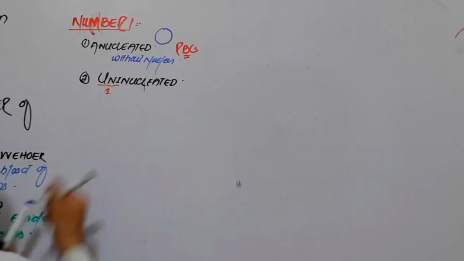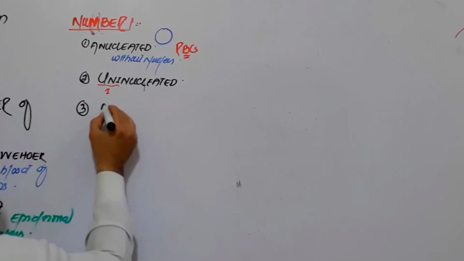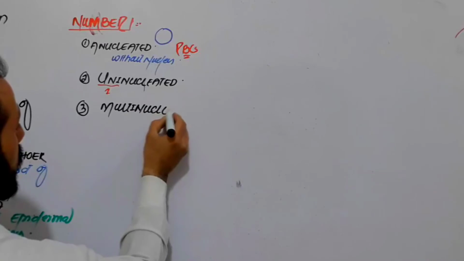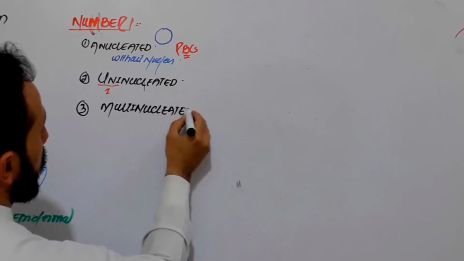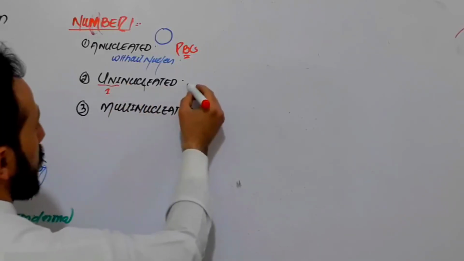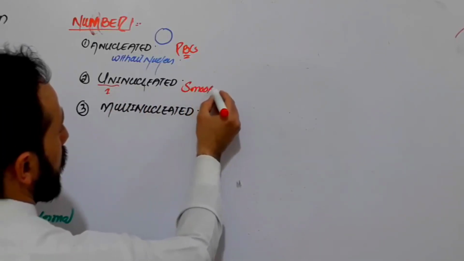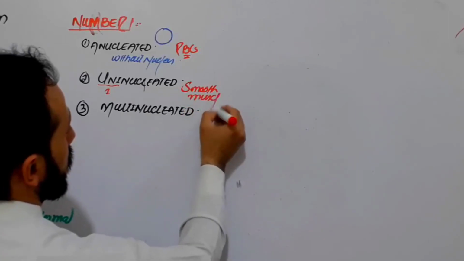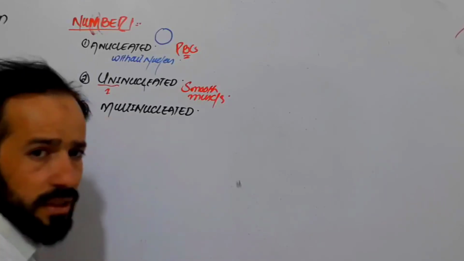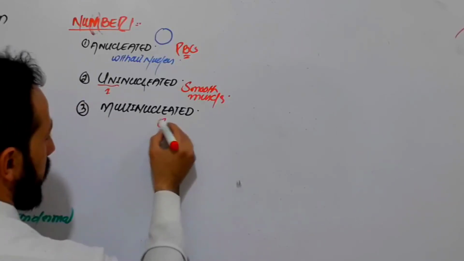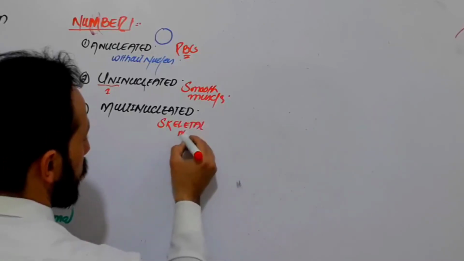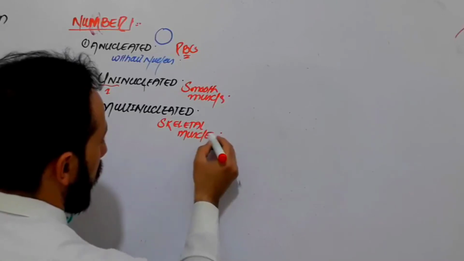Certain cells possess many nuclei. We call them multinucleated. In our body we have multinucleated cells, right? The smooth muscles are a very suited example. And for the multinucleated, we have the skeletal muscles. Our skeletal muscles have many nuclei.